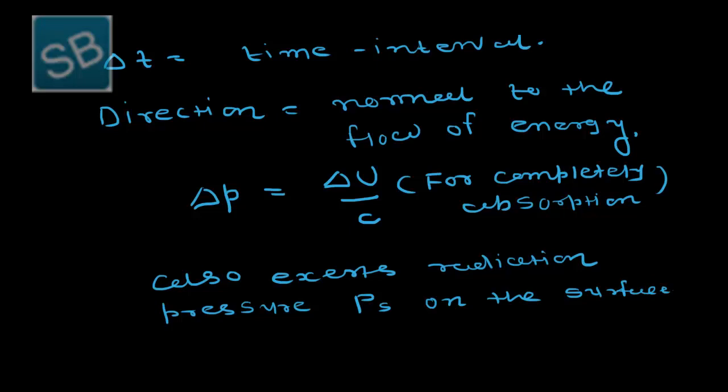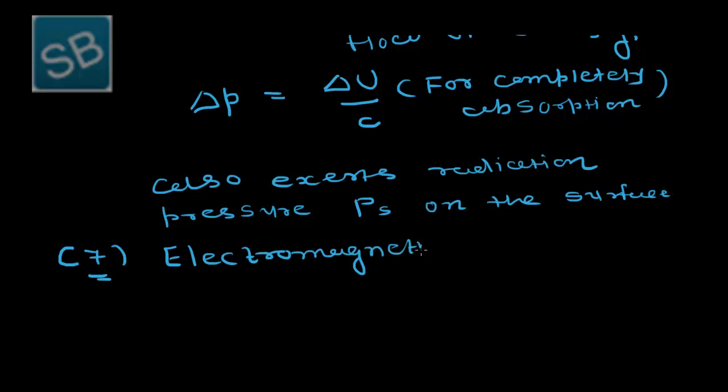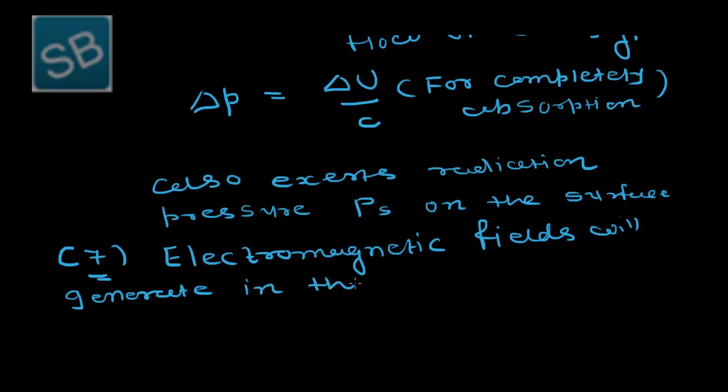Now let's go through the seventh characteristic. The seventh characteristic is related to the electromagnetic field. So electromagnetic fields will be generated in the region where the electromagnetic waves propagate.